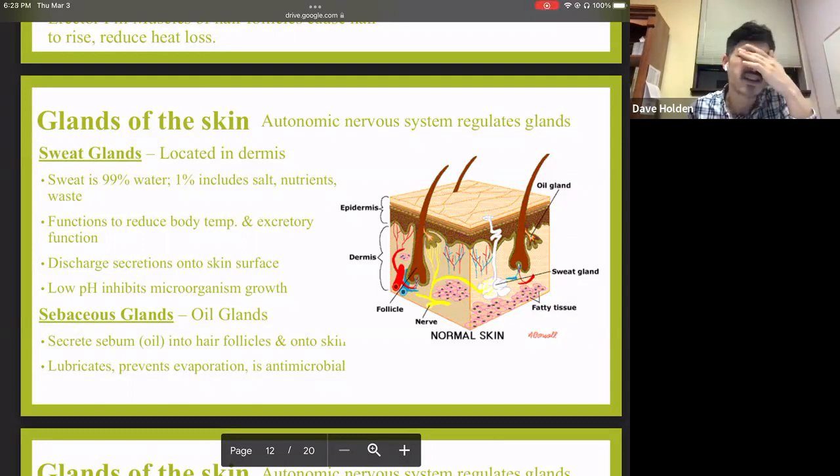And something important that I would like to talk about since we're here. Sweat does not stink. Nope. What stinks is, sweat contains salt, nutrients, and waste products. Those nutrients that are being excreted onto the surface are eaten by the bacteria that live on your skin.